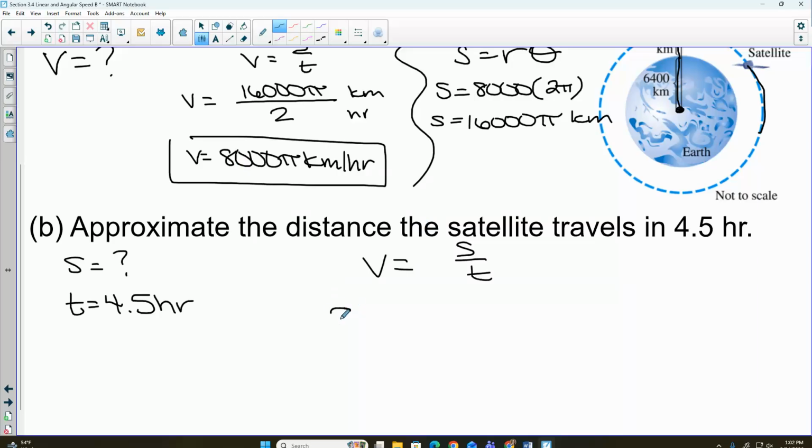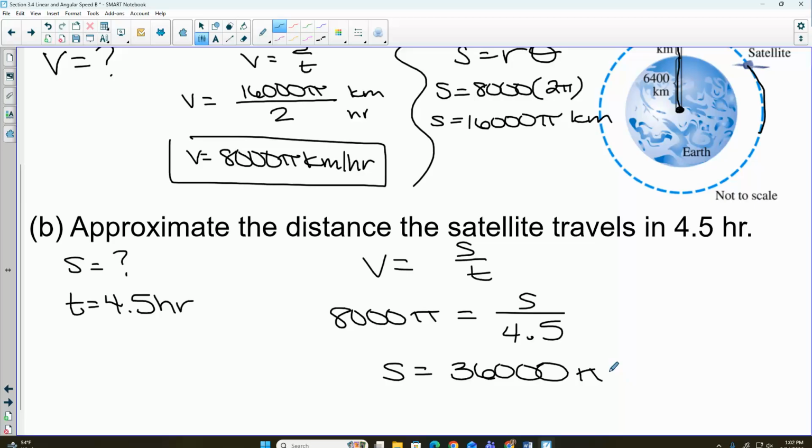We just found that, so v is 8,000 pi equals s over 4.5. And what do you get for your s? 36,000 pi. That is just the distance on the outside of the Earth, so kilometers.